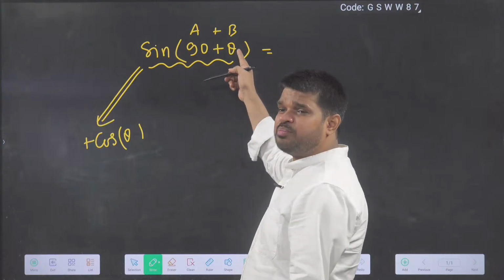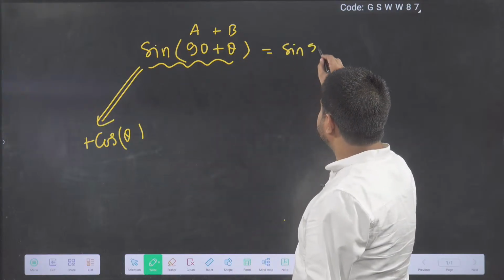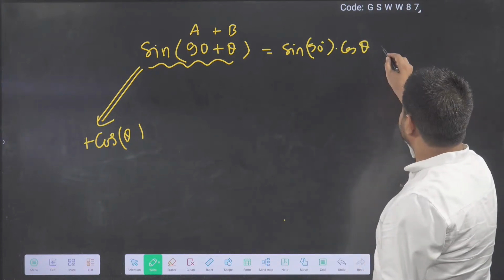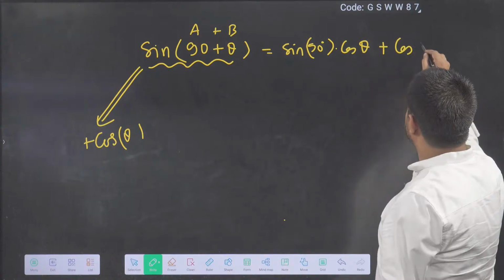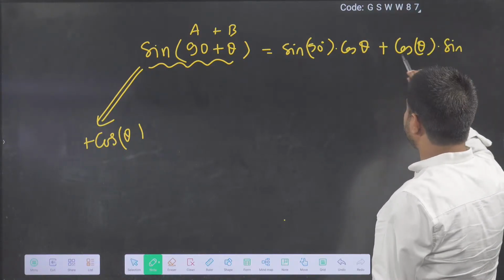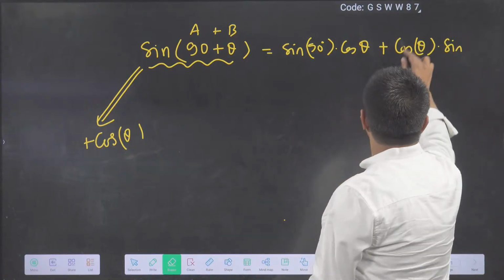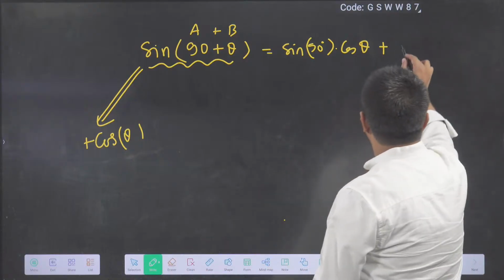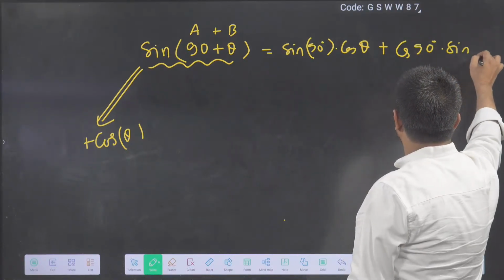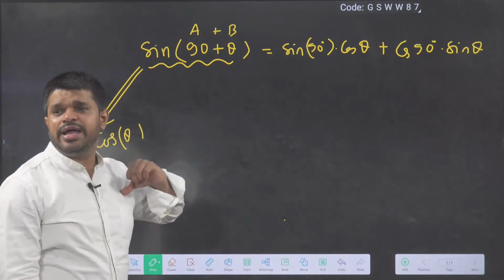Sine A cos B plus cos A sine B. So sine 90 into cos theta plus cos 90 into sine theta. I have applied the formula of sine A plus B.